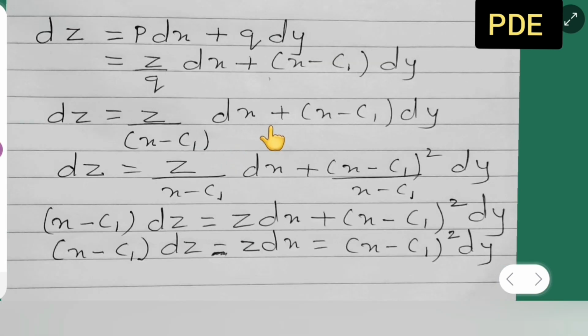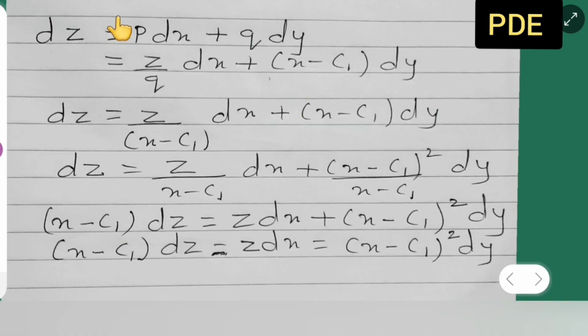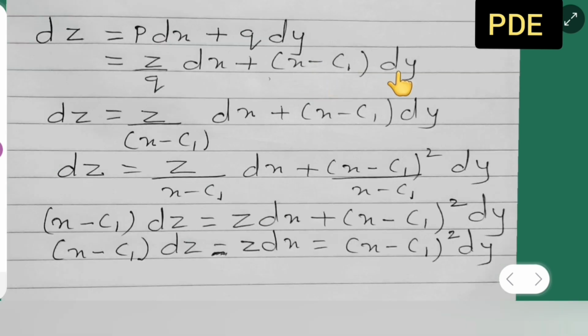Substitute this value, the value of p and q in this equation, okay. That is dz is equal to p dx plus q dy, so is equal to what I got, p to be z upon q dx plus, okay, what is the value of q? X minus c1, okay, dy.